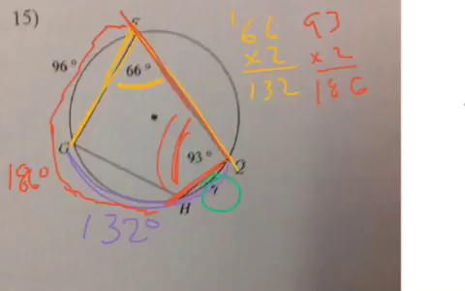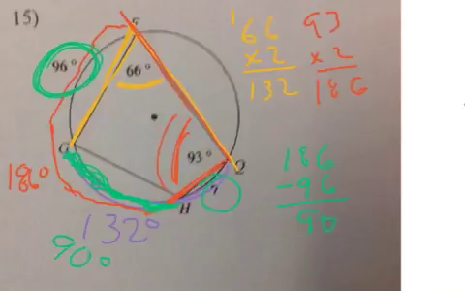Okay? And so what do we do now? Well, we already know that that's 96. Follow the green again. And can't I find this missing piece from there to there now? If I do 186 minus 96, yeah, I now know that this green arc from there to there is 90 degrees, right? 90 degrees.